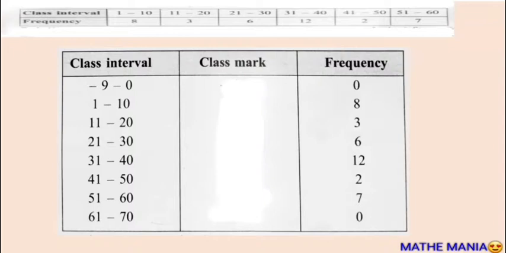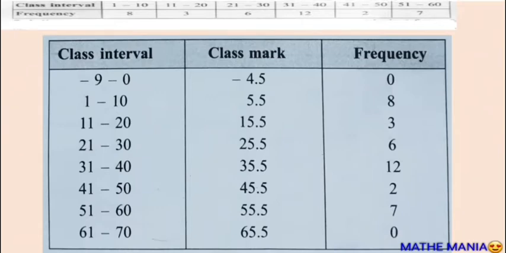The class marks are obtained by adding the two limits and dividing by 2. So minus 9 plus 0 is minus 9 and minus 9 divided by 2 is minus 4.5. Same way 1 plus 10 is 11 and 11 divided by 2 is 5.5. So on solving it we get this table.